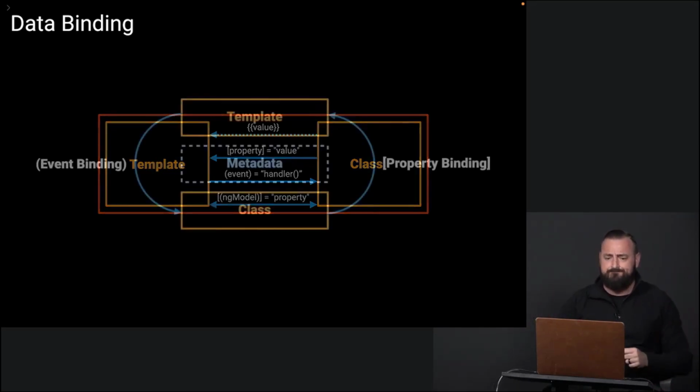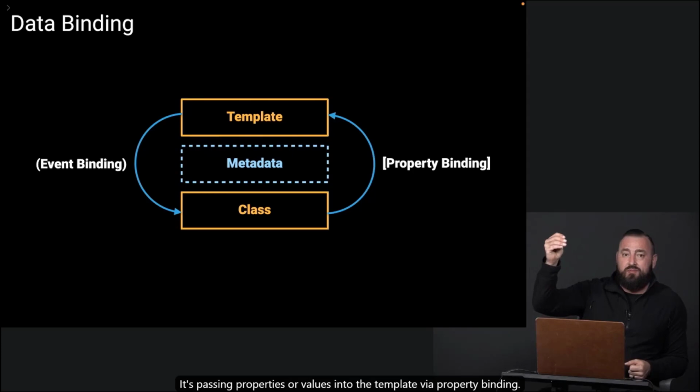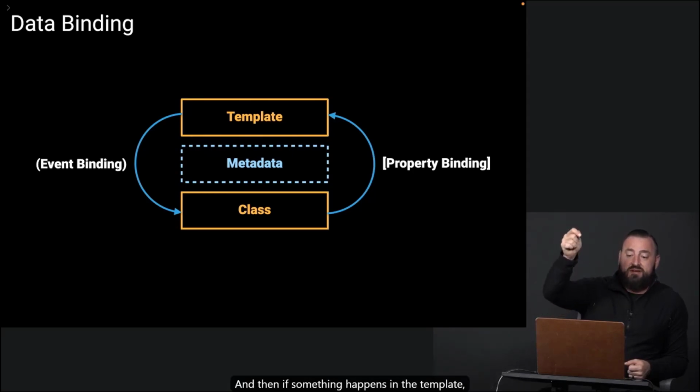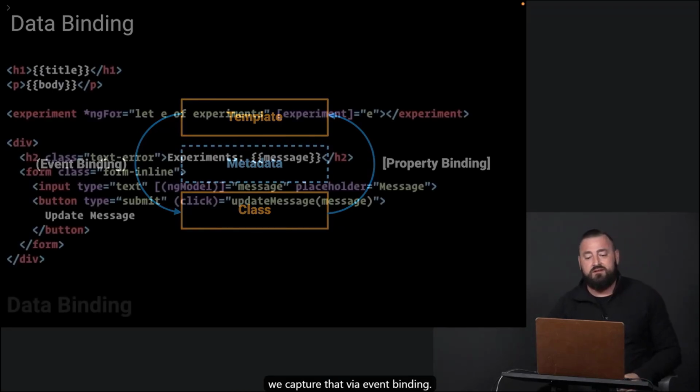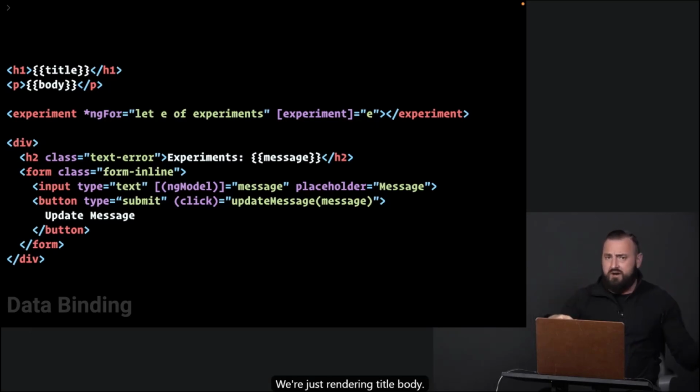More on that later. And so we can just think of it this way: you have a class, it's passing properties or values into the template via property binding, and then if something happens in the template, we capture that via event binding. And you can see here at the top, we have some string interpolation. We're just rendering title, body.